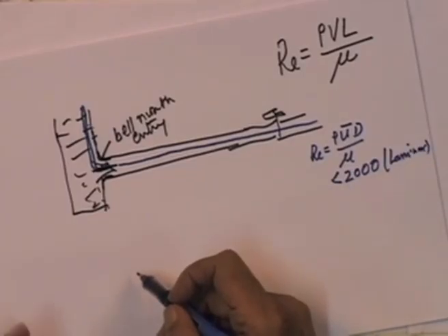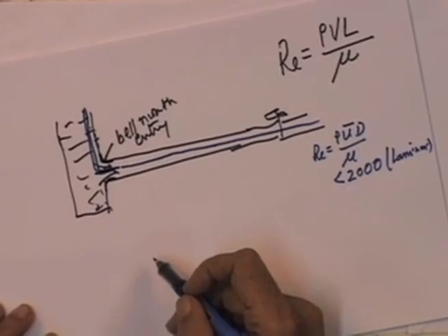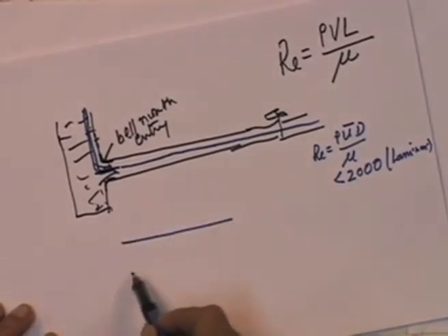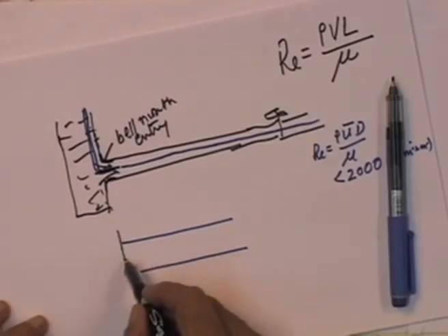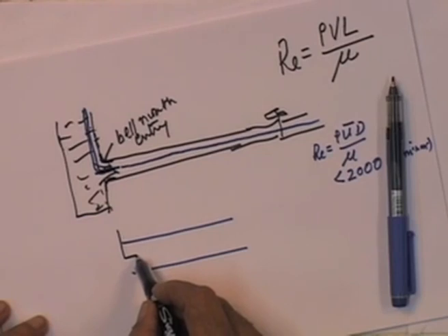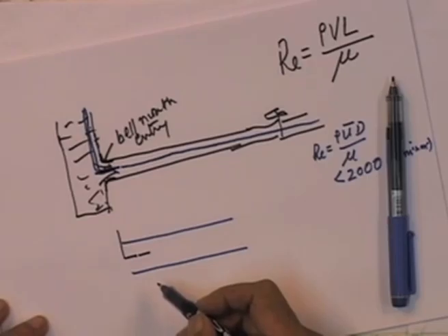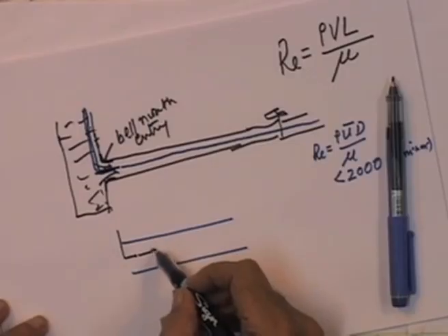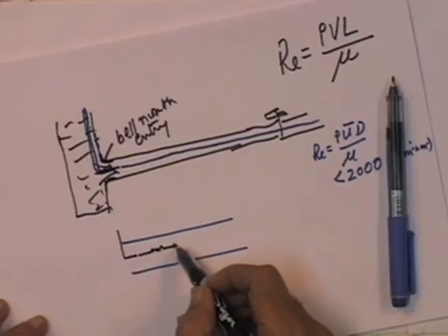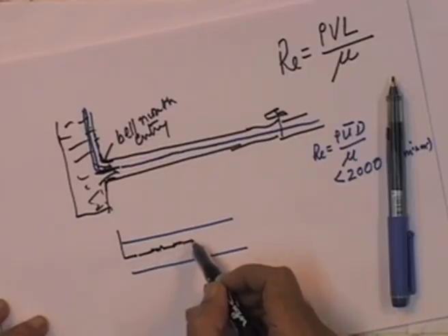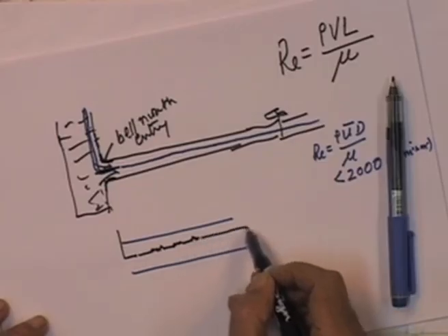When Reynolds number increased beyond 2000, he observed a strange phenomenon, and let me draw a second diagram in which the dye would come out like so, and it would be almost laminar like, but then turn a little turbulent, and then turbulent would die out, and then again turn into turbulent, and then again die out, and so on and so forth.